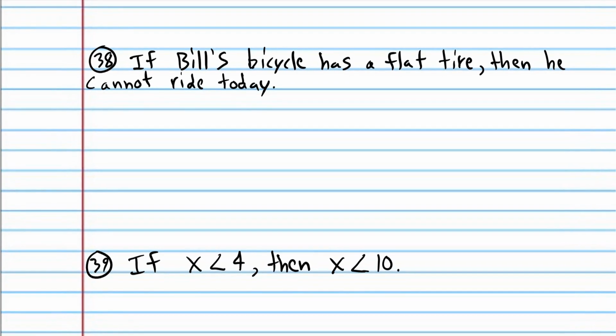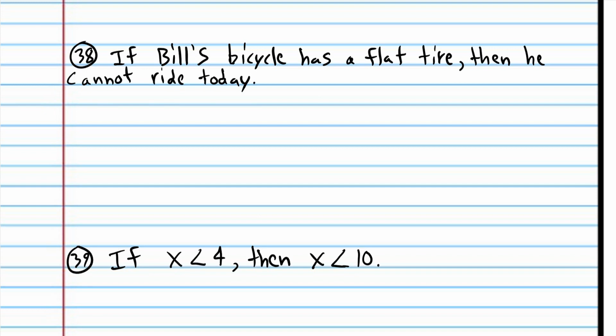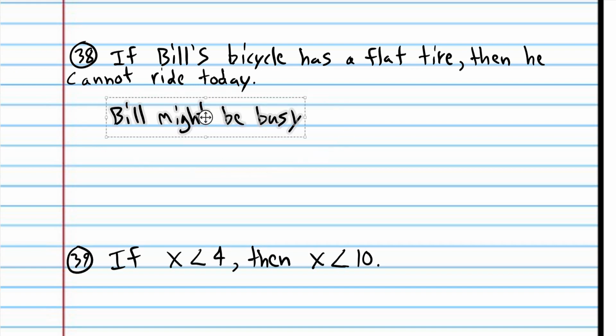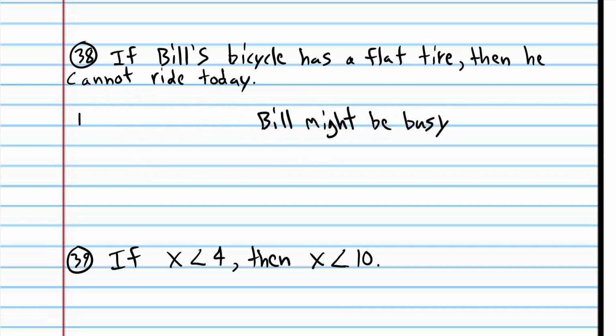So the converse doesn't really make sense. So this problem is a little iffy because the original statement can be modified a little bit, but that's no big deal. So we're just going to say that the converse is not true. Bill might be busy, so we'll just say not biconditional.